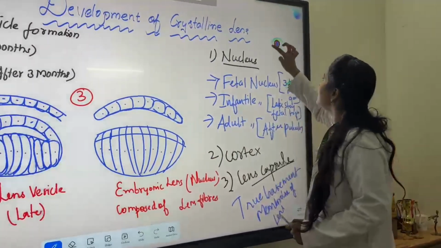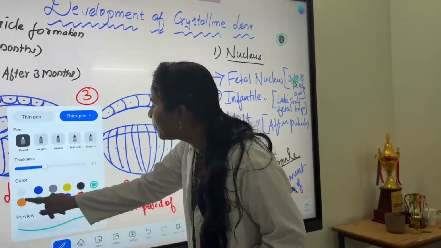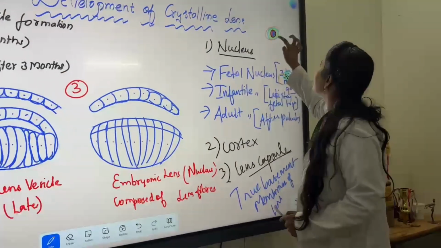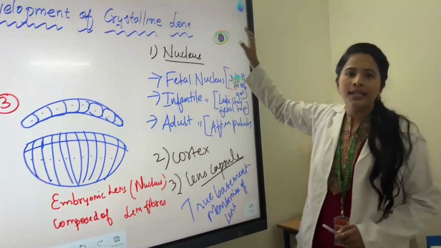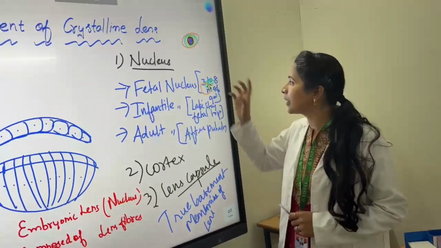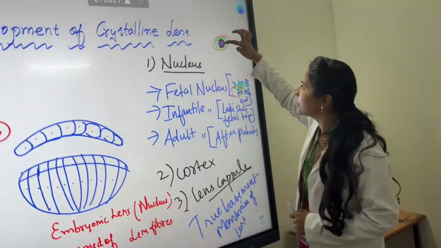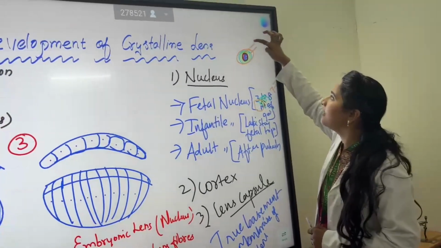Then we will have the lens cortex, and the lens cortex will be surrounded by the lens capsule. So this is the lens. I think everything is understandable. If you have any doubts, you can tell me. Again I am telling, these are the nucleus, cortex, and lens capsule. Okay, thank you.